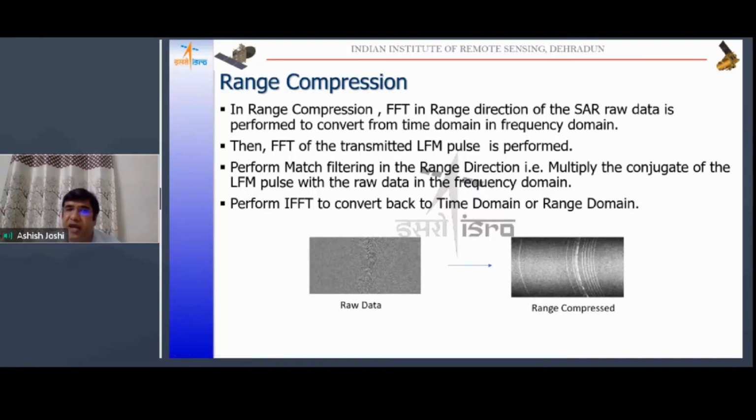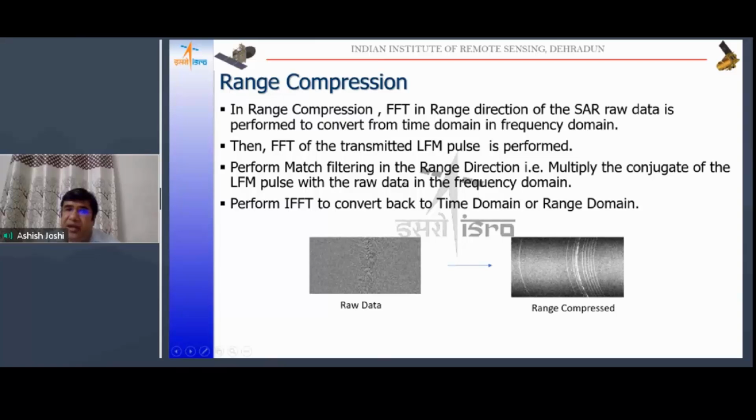How do we do it? We take the FFT in the range direction of the data and the FFT of the transmitted LFM. Then we do the match filtering, meaning we multiply the conjugate of the LFM with the raw data in the frequency domain. So we take the complex conjugate of this LFM pulse and just multiply.